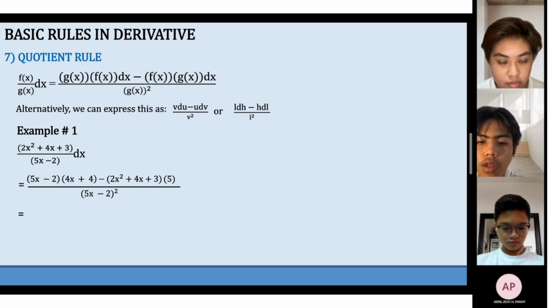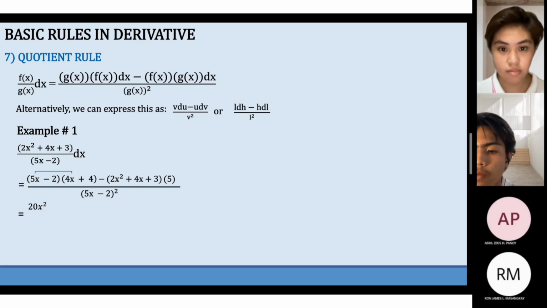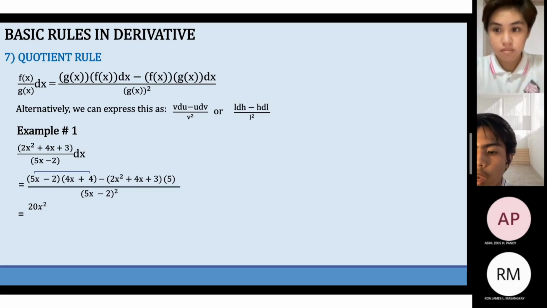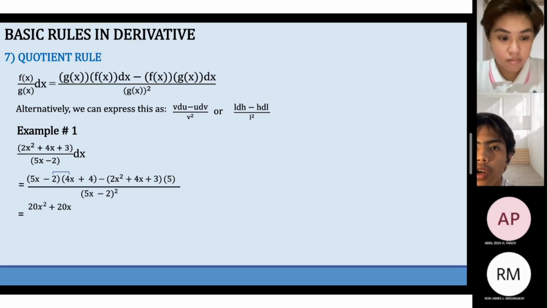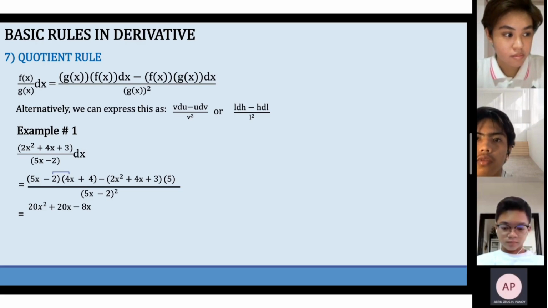We can use the FOIL method on 5x minus 2 times 4x plus 4. So 5x times 4x is 20x squared plus 5x times 4, 20x. Negative 2 times 4x is negative 8x. Negative 2 times 4 is negative 8.